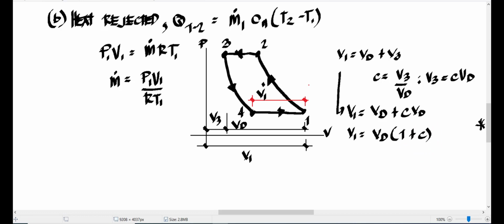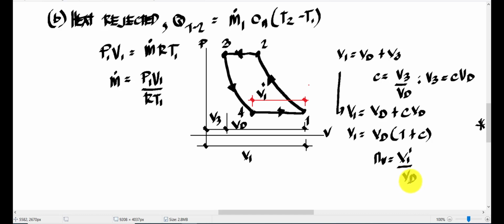And we can express our volume displaced in terms of volumetric efficiency. So from our volumetric efficiency, we have your eta V, which will be equal to V1 prime, since that is given in the problem, divided by your volume displaced.